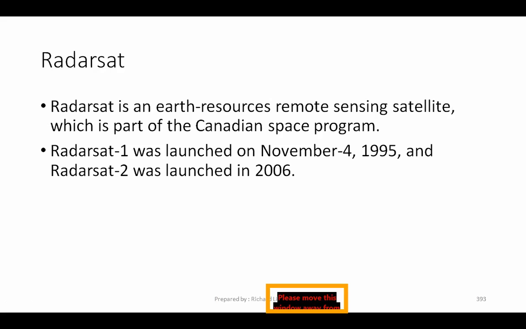It can be underground water levels, forestation and deforestation information, the type of vegetation, or weather. Radarsat-1 was launched in '95, and the second satellite was launched in 2006.